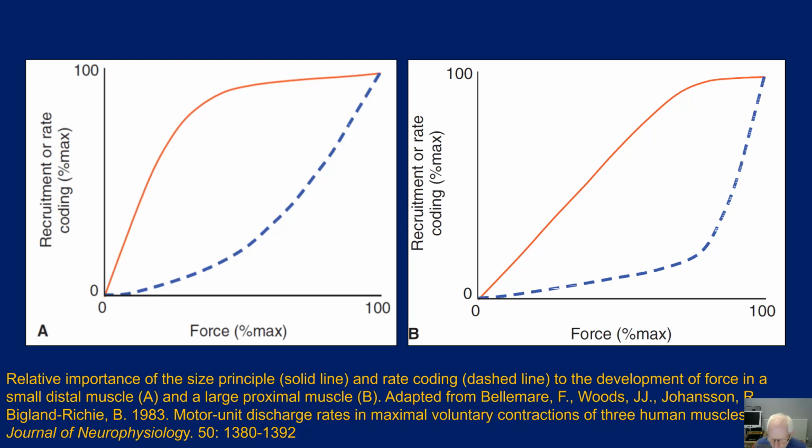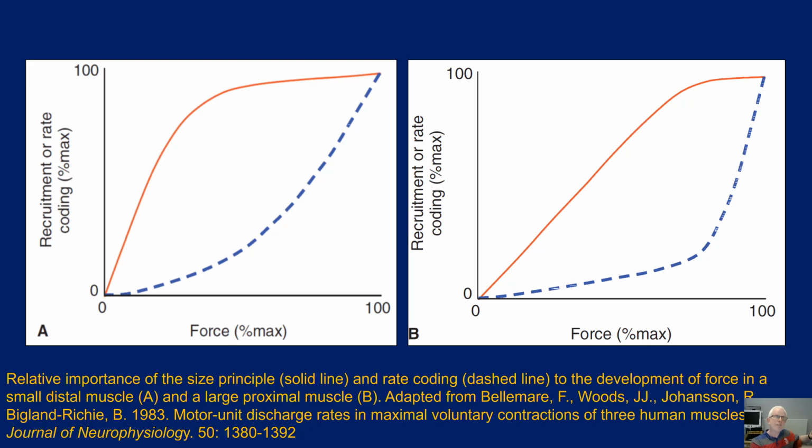But then you've got rate coding, which is how quickly those fibres are being recruited. And you can see that the two are coupled together. It's not just about recruiting more fibres, but as we start to generate force, we've got to be re-innervating those fibres more quickly. So it's a fundamental combination of the two.